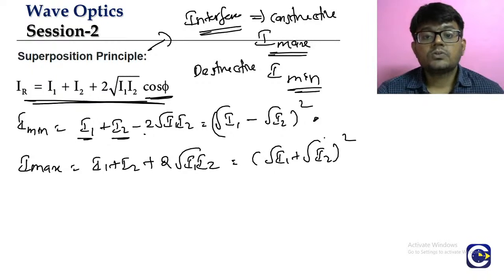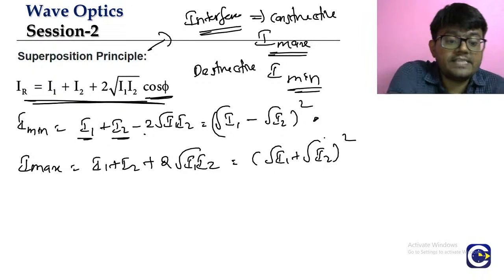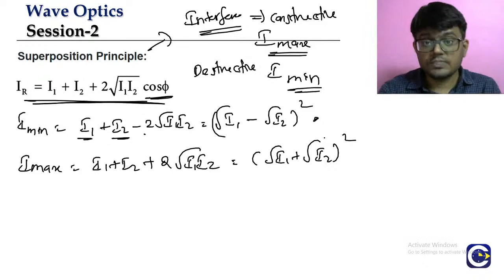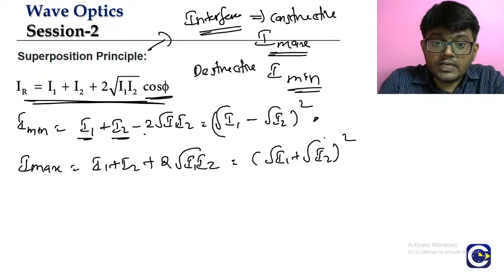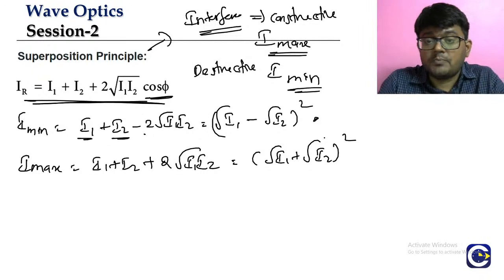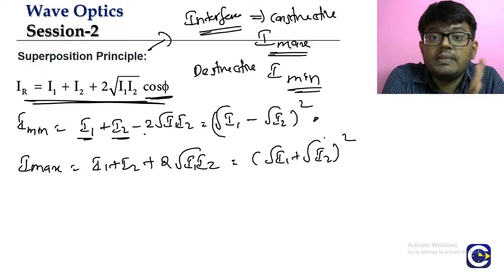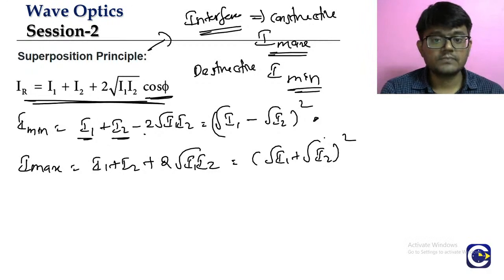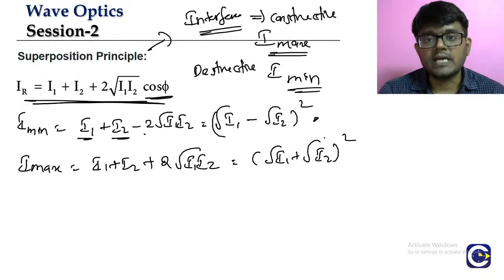Okay, so that is why we said if you have two coherent sources with different amplitudes, you will have a constructive interference I max point, you will have an I minimum point, but I minimum will not be completely dark. So that is the reason why you see that there will be dullness. Minimum intensity means dullness, but it will not be pitch dark.